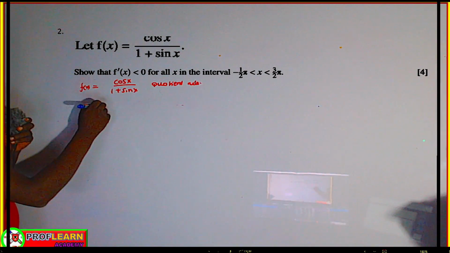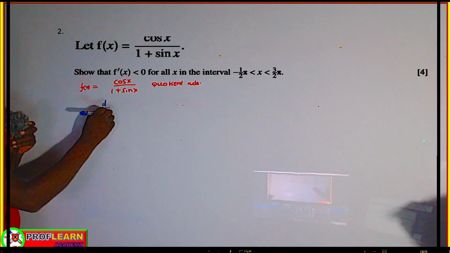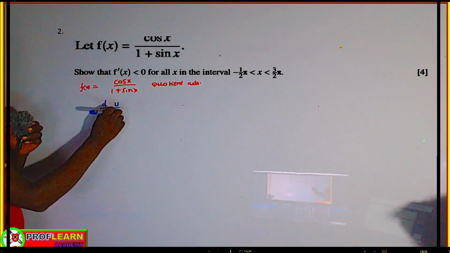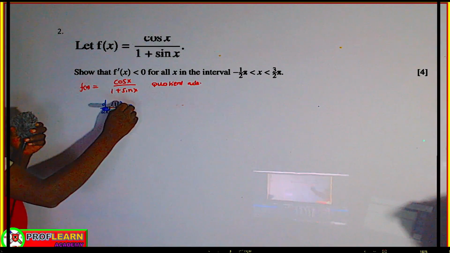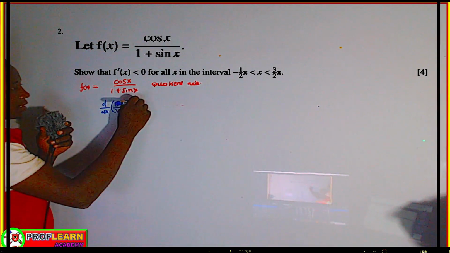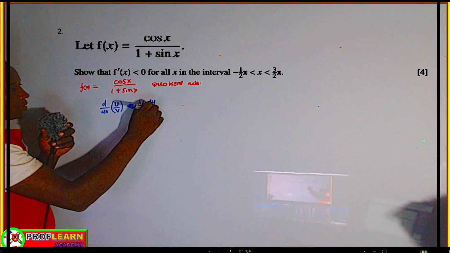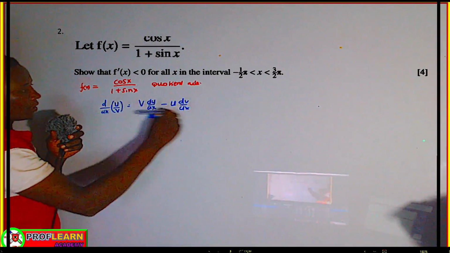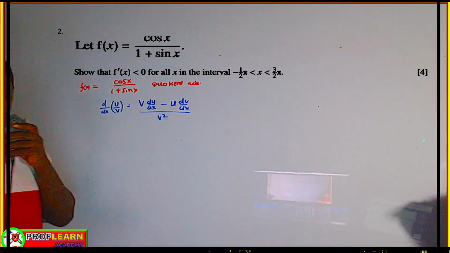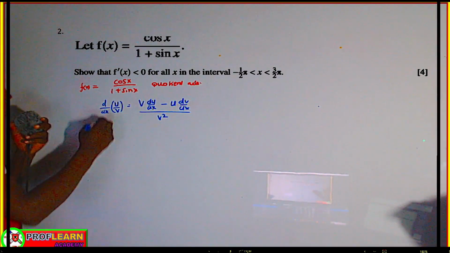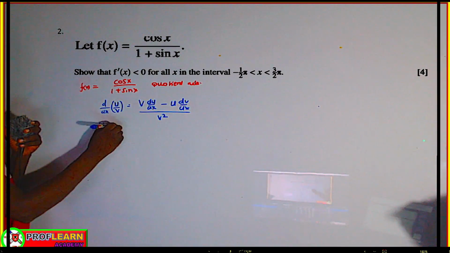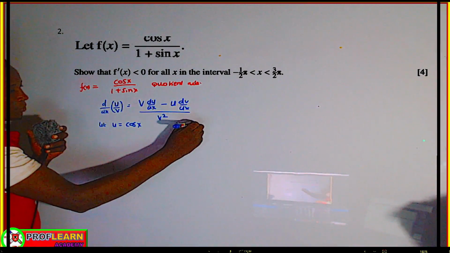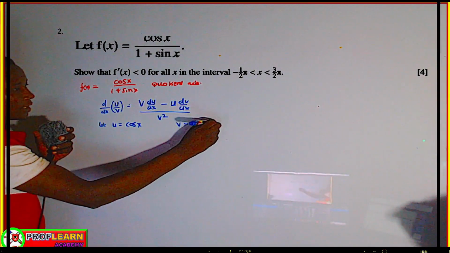It states that if you are finding d/dx of two functions which are divided like that, then you say v du/dx minus u dv/dx, then divide by v squared. So under this, let our u be equal to cos x, and our v be 1 plus sin x.